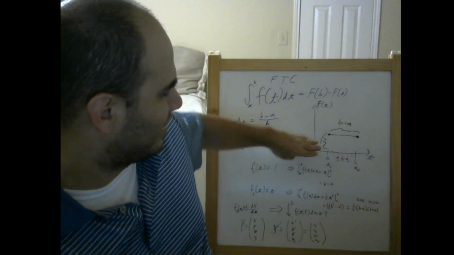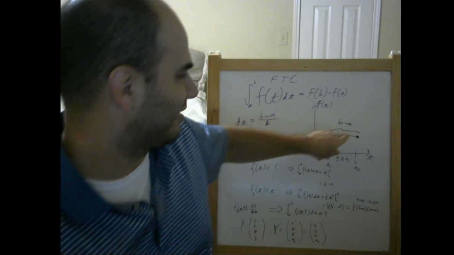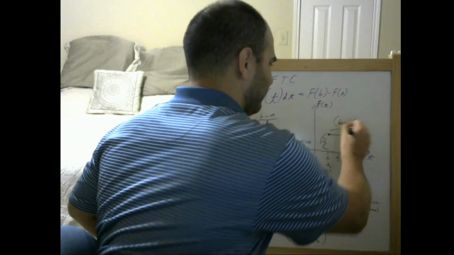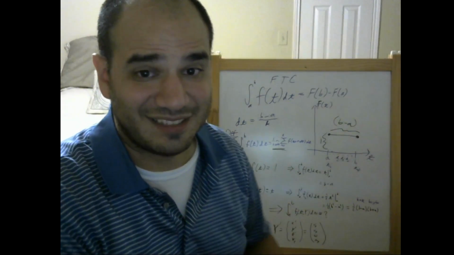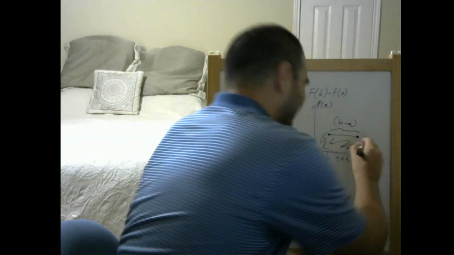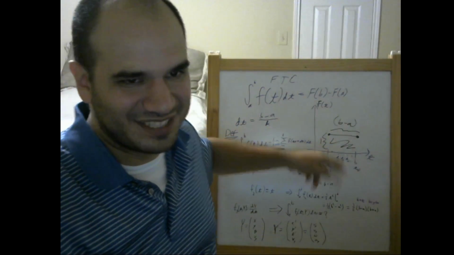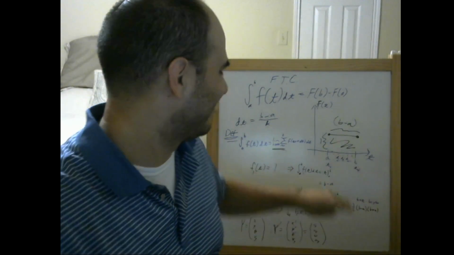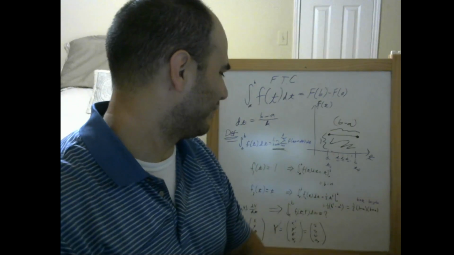Okay, so it's 1 unit in height and b minus a units in width. So it's that rectangle right there, the area under that curve between this point and this point.